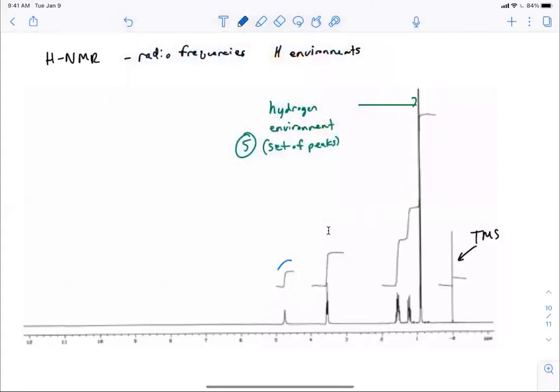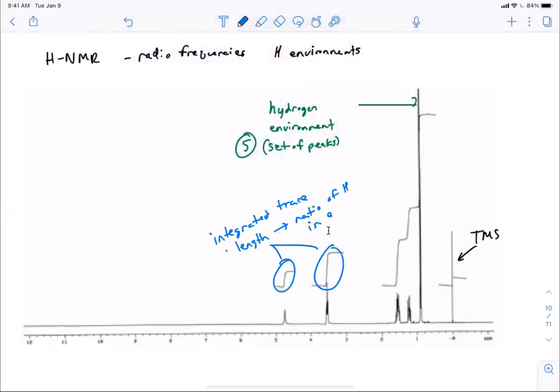Two, these here are called the integrated traces. And the length helps you find the ratio of hydrogens in each environment. It might be a reduced ratio, so you'll measure each line, look at the lengths of it, and then find the ratio between those lengths.